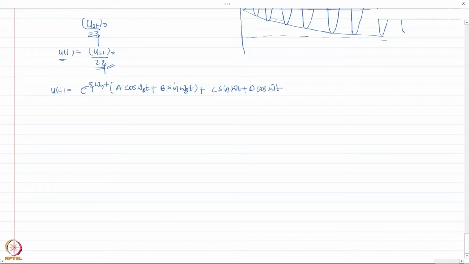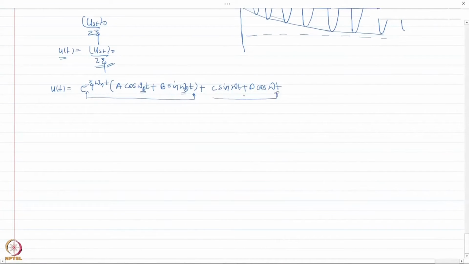We said that this transient part of the response, which is vibrating at frequency omega d, is going to die down after some time. Our main concern here is the steady state response, and that is what we are going to discuss further.